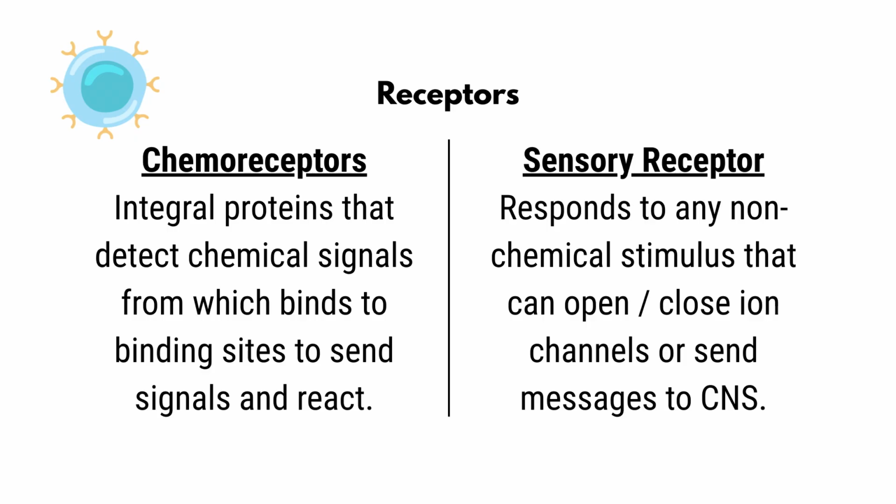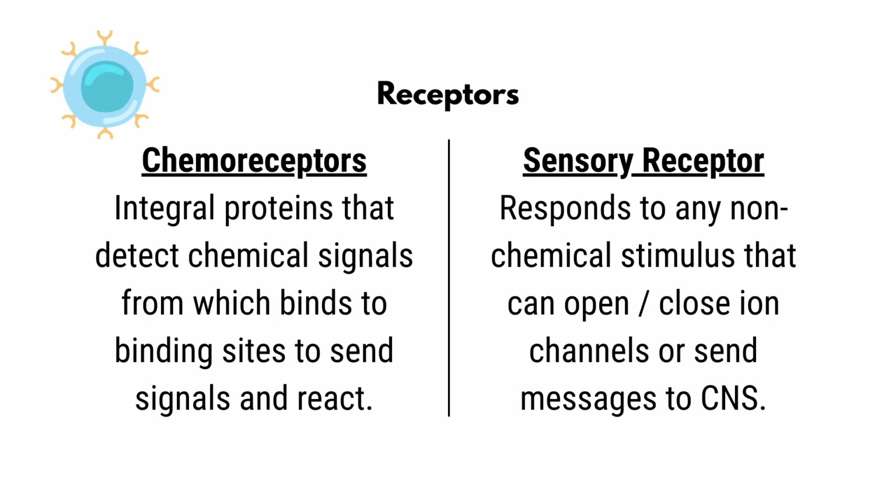Now let's talk about the specific types of proteins that you can find in here. Let's talk about receptors first. There's two different receptor proteins, which are chemoreceptors and sensory receptors. Chemoreceptors are integral proteins that detect chemical signals that can bind to the binding sites on the chemoreceptors, like the one in the visual there. And then it can send signals out into the cell to perform actions.